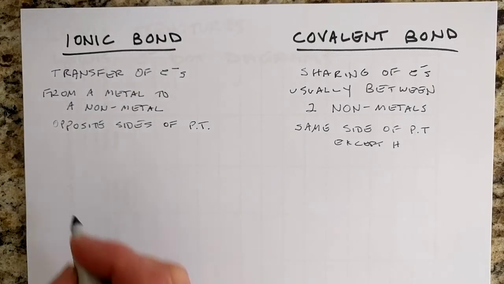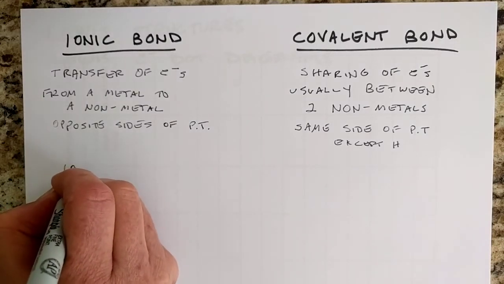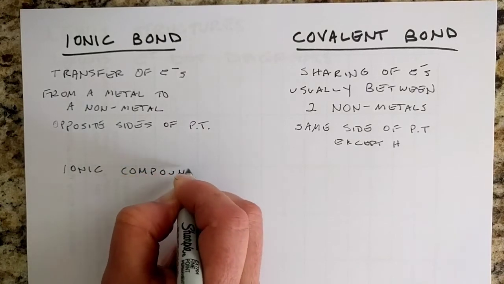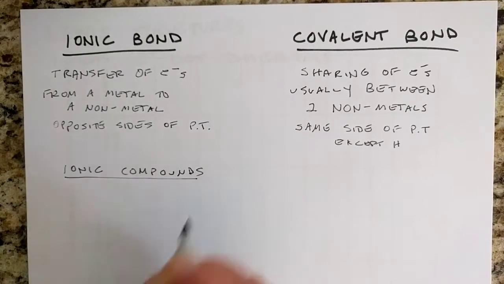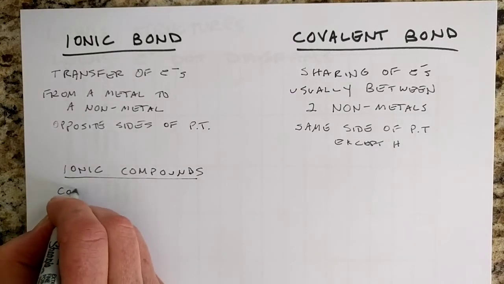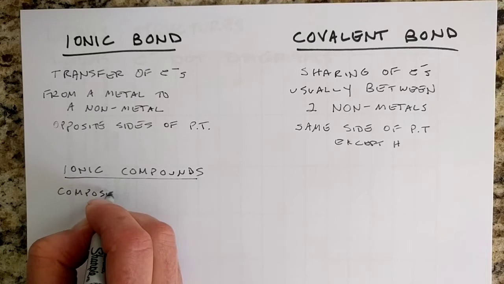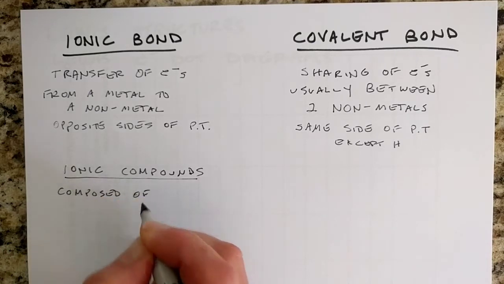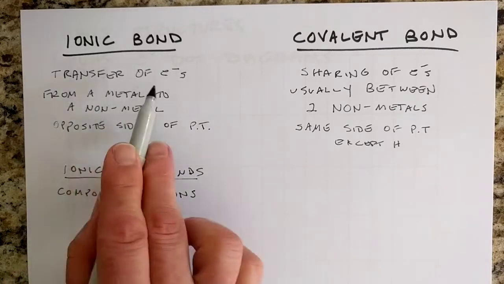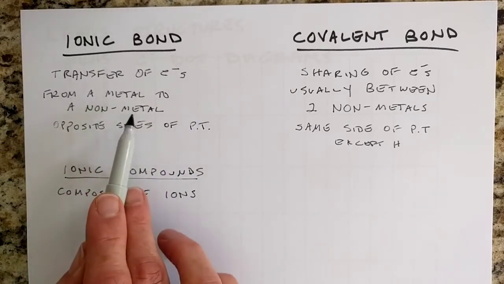All right, so for our ionic compounds, our ionic compounds are composed of ions, because we have all this transfer of electrons from the metal to the non-metal.